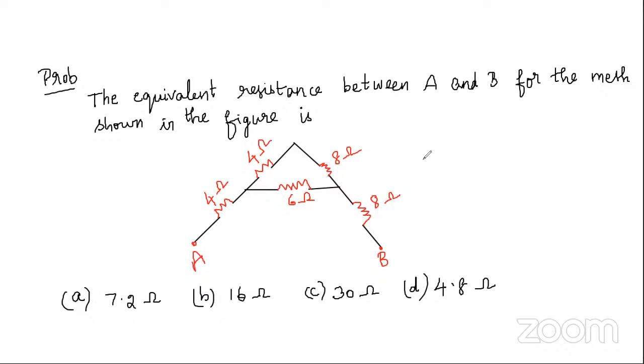So here you have this 4 ohm and 8 ohm in series, and this 6 ohm in parallel. So this 4 ohm, 4 ohm, 8 ohm and 8 ohm all are in series, and this 6 ohm is in parallel to both these 4 ohm and 8 ohm. So for that we have to redraw the circuit like this.